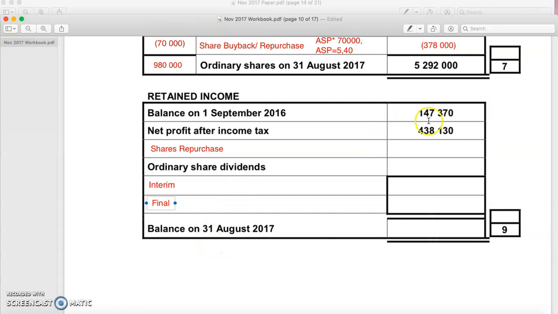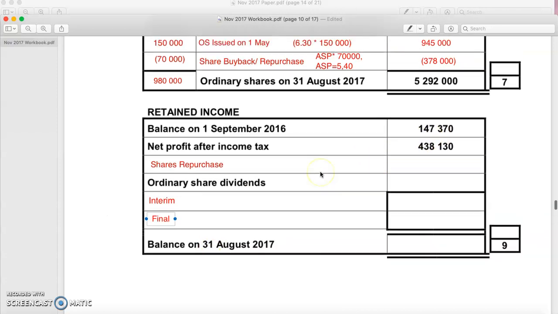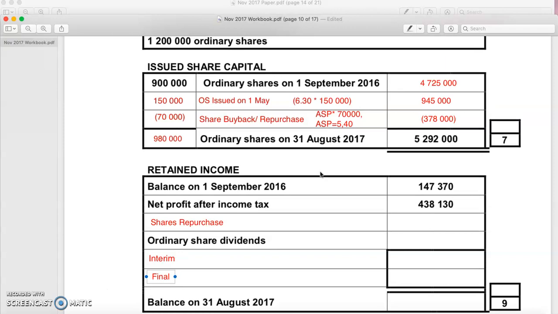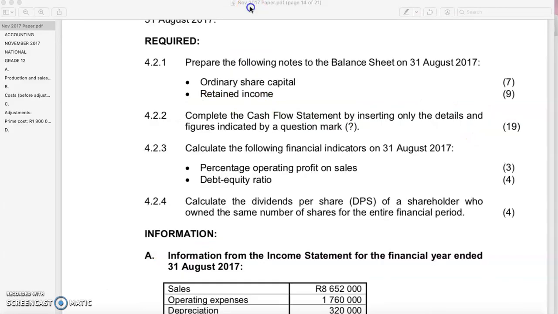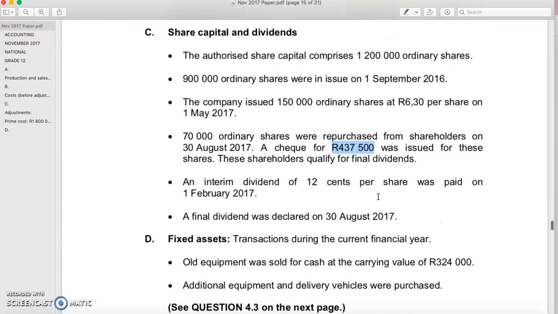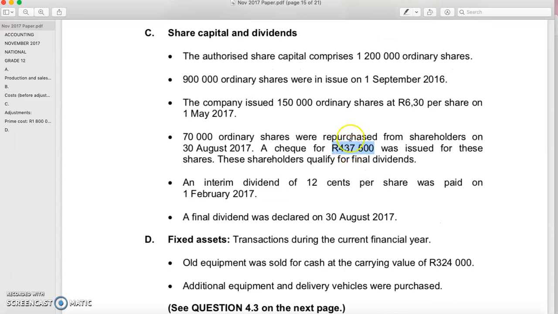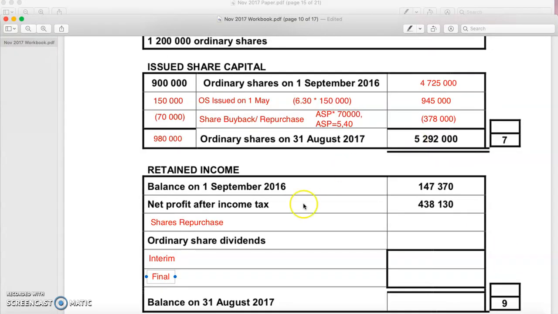We've already been given all these amounts. The share repurchased amount, okay, so this is what's going to happen. Remember, we calculated this amount, but we used average share price. So this isn't the actual amount we paid, remember? This is that amount right there. And now we need to use that and subtract it from what we calculated, 378,000.